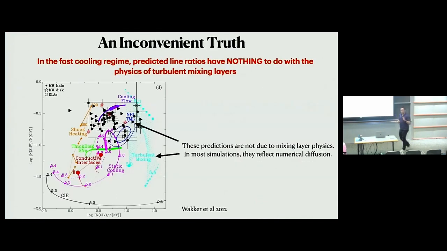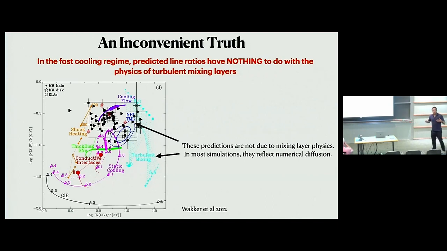But one thing that's important to emphasize is that people try to constrain the nature of the phase, the temperature jump at interfaces between hot and cold gas. They have all these different models: cooling flow, shock heating, conductive interfaces, turbulent mixing, which is this one.